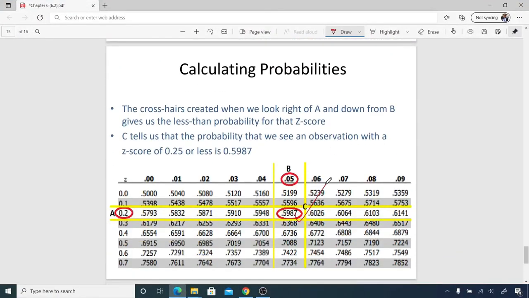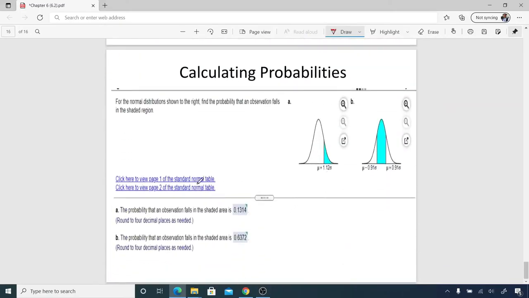One more example here, which is very important, and you will have these tables while taking the quiz or exam or working on the homework. Let me show you these two situations here. The first one is talking about mu plus Z sigma, and remember here Z is 1.12, and this is talking about greater than. So basically this one is saying the probability of Z greater than or equal to 1.12.